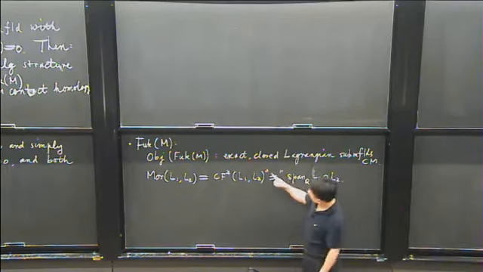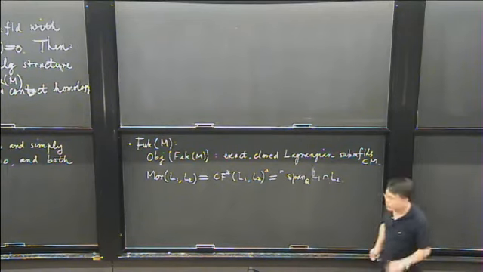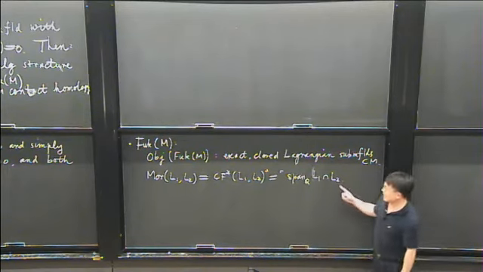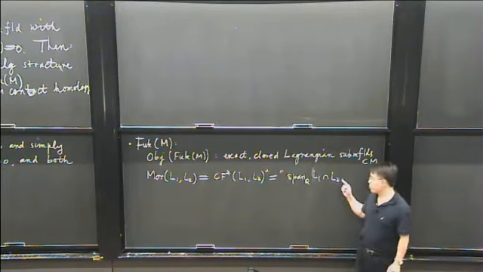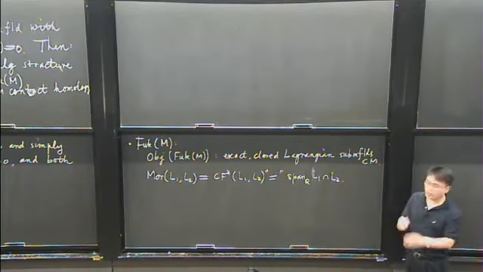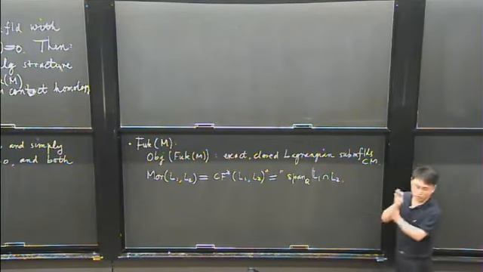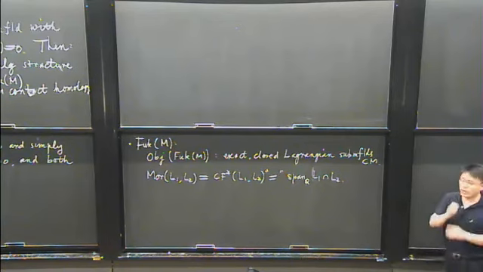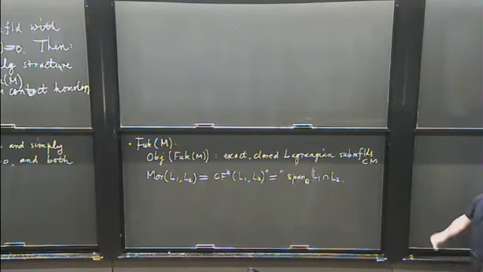Here I put quotation marks. There is some technical problem when these two manifolds are not transversal. If they are not, we have to perturb one of them by a Hamiltonian vector field.